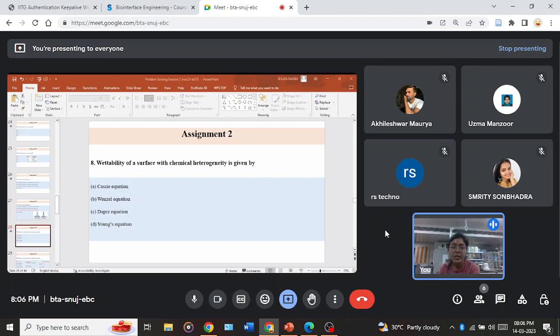First try to rule out the options which you are totally sure won't be the answer. For example, option C and option D, as we just discussed in the last-to-last question, what the Dupré equation and Young's equation were about, and what kind of relation they were talking about. So you have options A and B left. Think about what the Cassie equation was and what the Wenzel equation was.